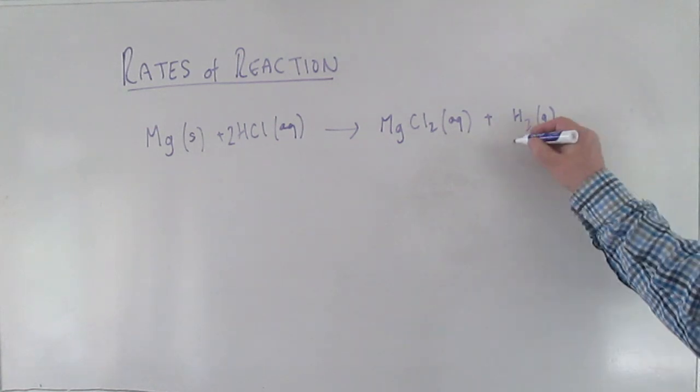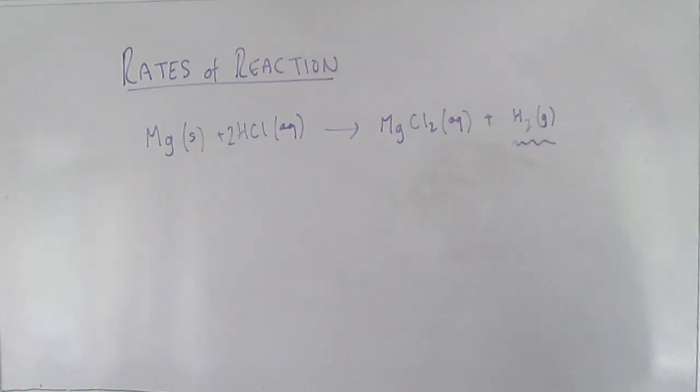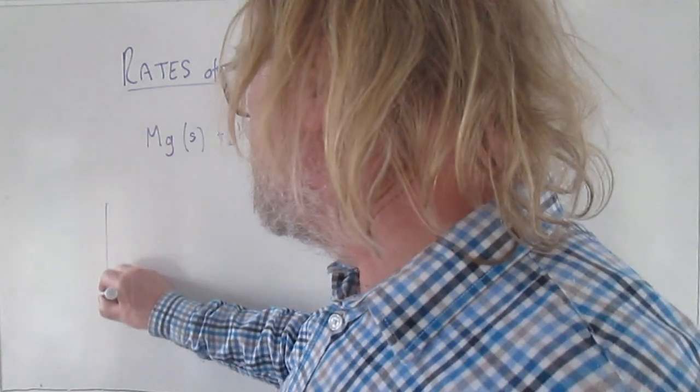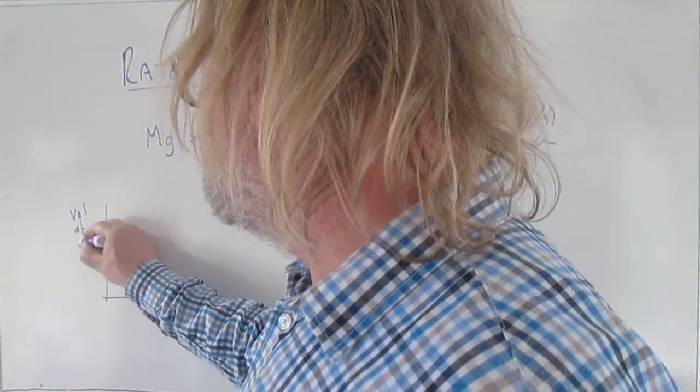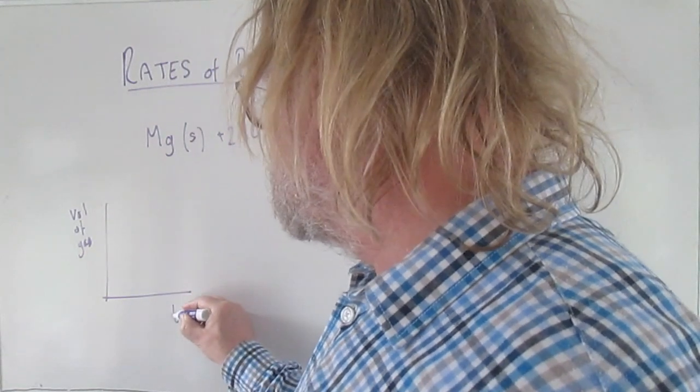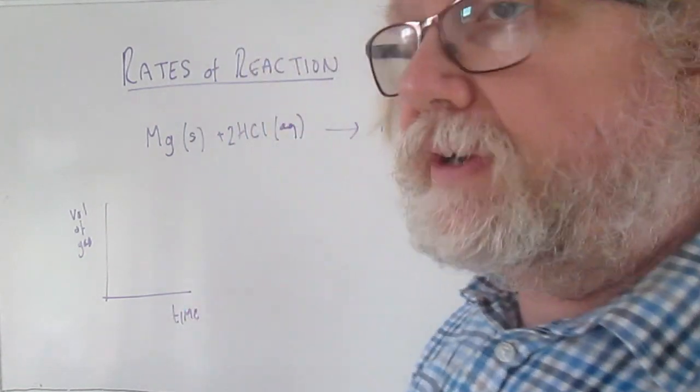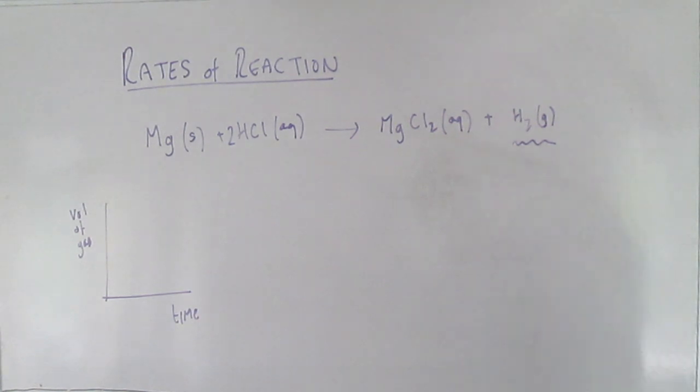An obvious one would be that the gas is produced in the reaction, and you could measure the volume of gas that was produced, so you could then generate a graph of the volume of gas as a function of time. And that is the sort of thing that you're aiming to do in a rates of reaction experiment. So you would need to be able to describe equipment in which you could do that.